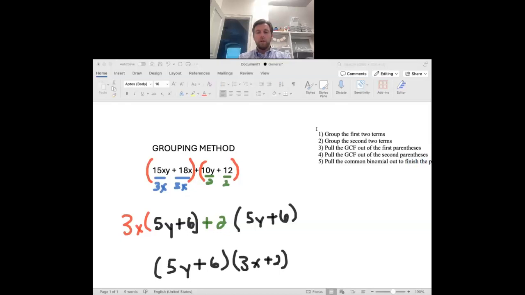Finish the problem. So that's it. Group the first 2, group the second 2, pull the GCF, and then pull that common binomial out. It's not terrible. It just takes a little practice. So let's do another one, and you'll see the process now.